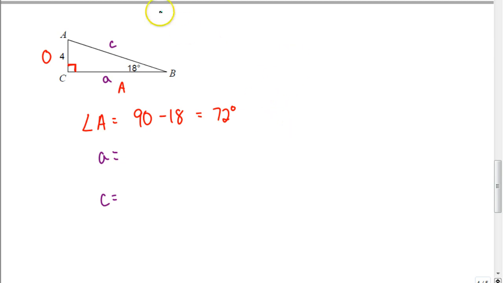So I'm going to use the tangent of angle B, so 18 degrees, is equal to the opposite leg, which is 4, divided by the adjacent leg, which is side A. Now, to simplify this, there's a quick way and a long way. I'm going to show you the long way first. I want to get A by itself, so right now the only way I can do that is multiply both sides by A. Doing so will cancel out these two.